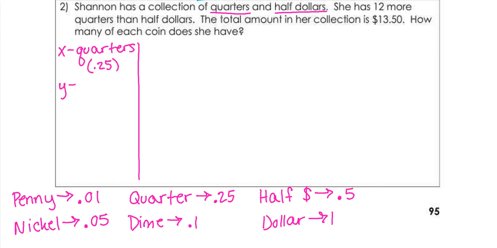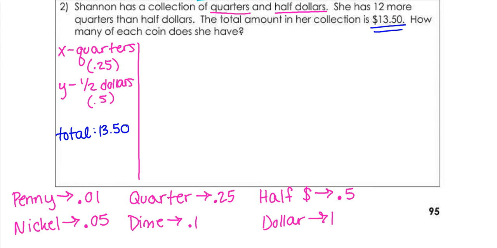That's going to come in handy later. Y is my half dollars. And again, that's 50 cents or 0.5. And the only total I see is my monetary total there of $13.50.